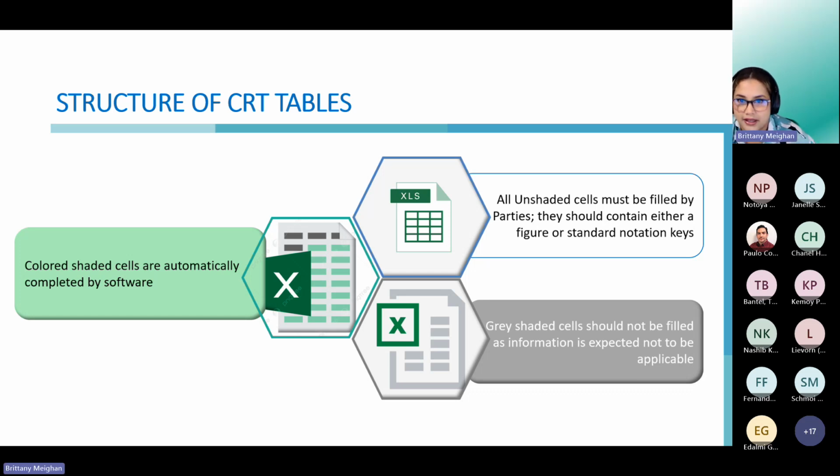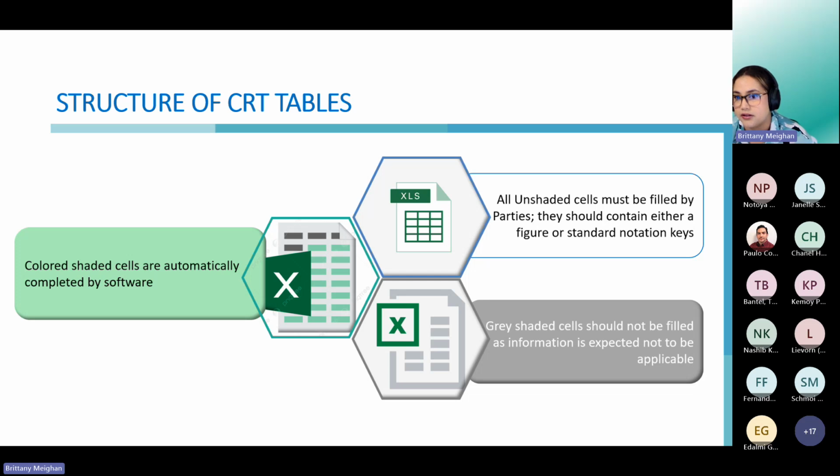And these tables are color-coded for a reason. And so all colored shaded cells would automatically be completed by the software, the ETF reporting tool. And where there are unshaded cells in white, those must be filled in by parties. And so they should either contain a number, a figure, or a standard notation key.